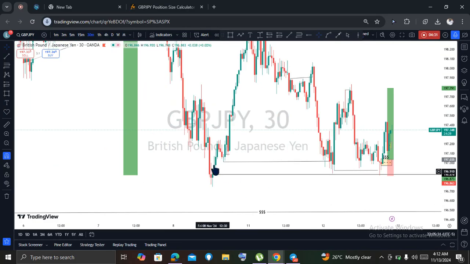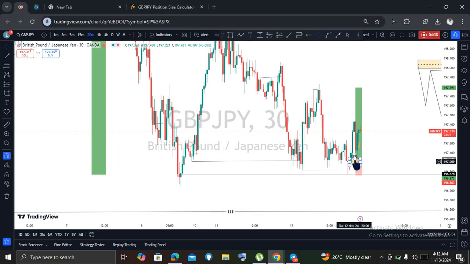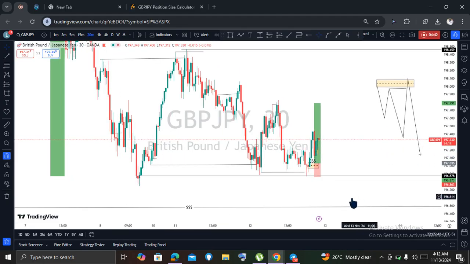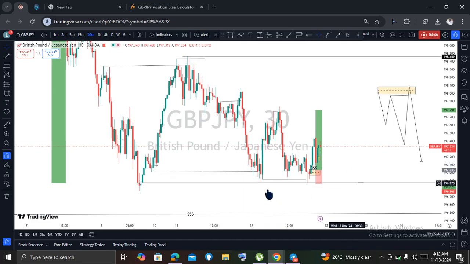So you could see that there is a gap between these two. So it's either you're taking it around the extreme fair value gap or the order block, right? So now, the next trade I'm looking forward to take is my buy.